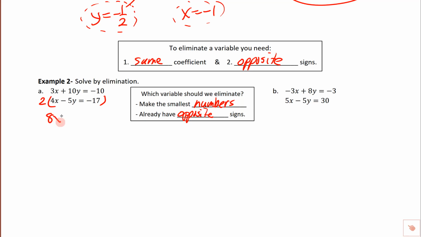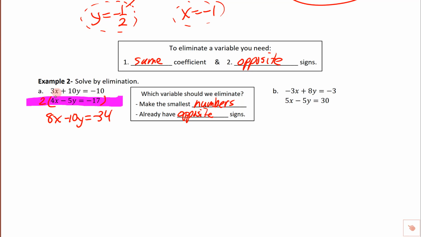It's going to be an 8x, a negative 10y, and a negative 34. So you'll notice that all we did here is we just doubled each one of these. 4 times 2 is 8. 5 times 2 is 10. Got the negative there. 2 times 17 is 34. Now I am going to cross this one out for the time being so you can't see that.